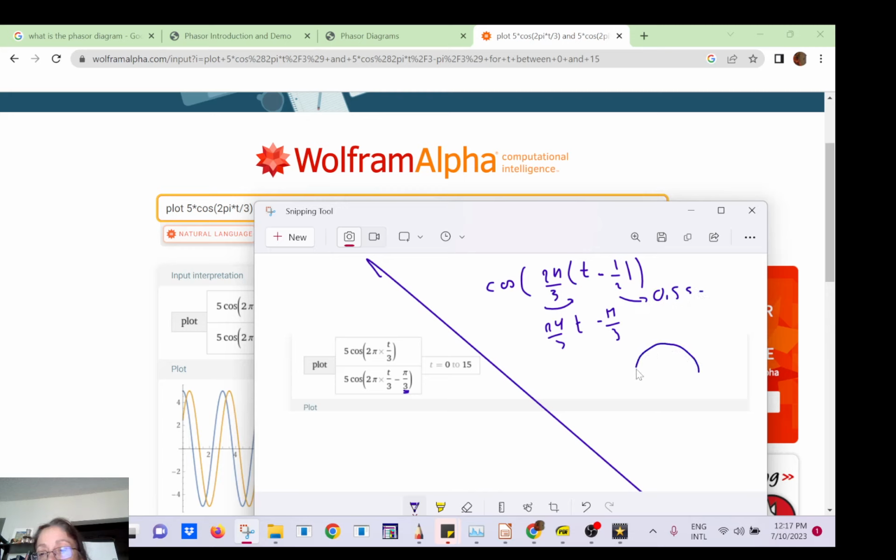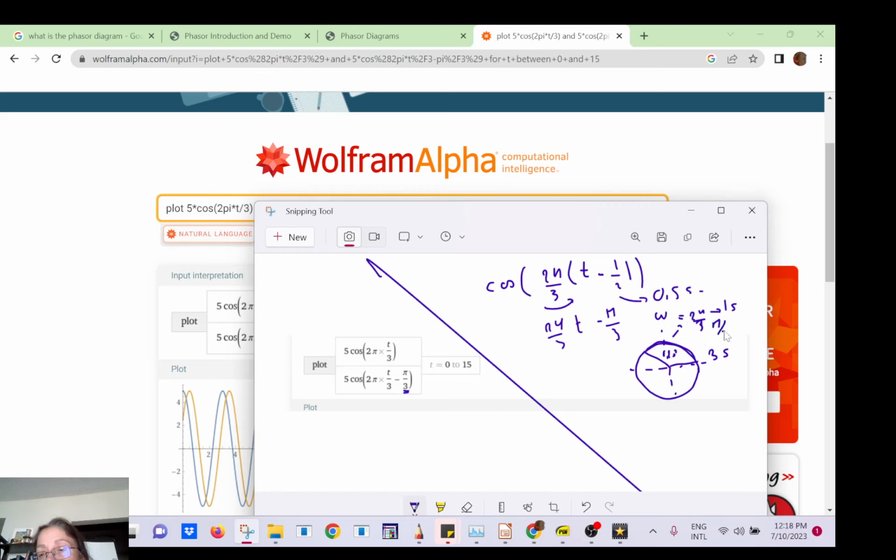Okay, so it means that if the period here is 3 seconds, then in 1 second, I have 120 degrees. Okay, so 2 pi over 3 in 1 second, that's my omega.